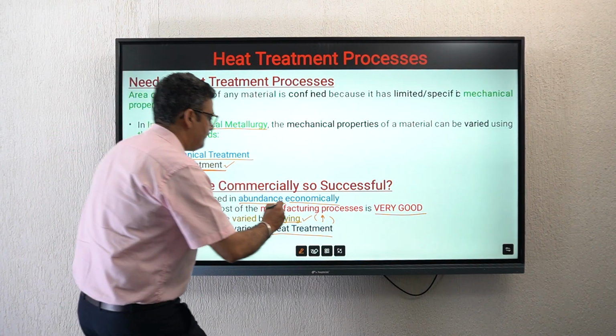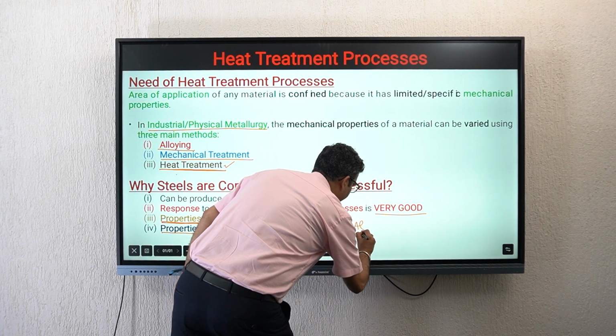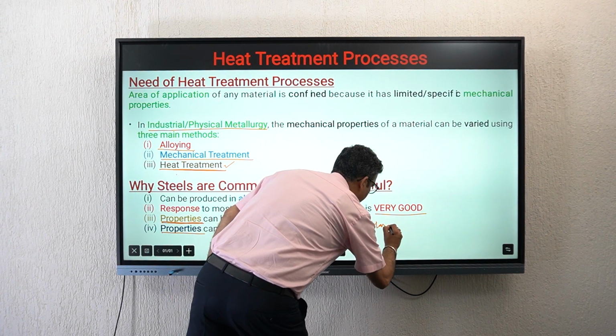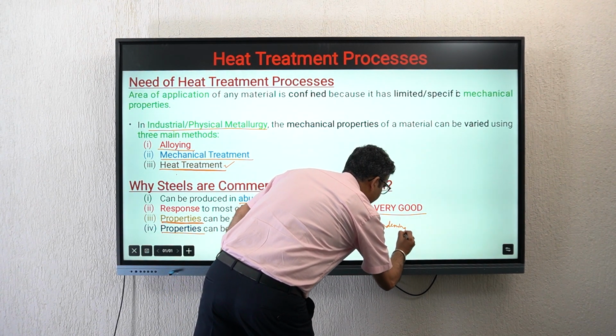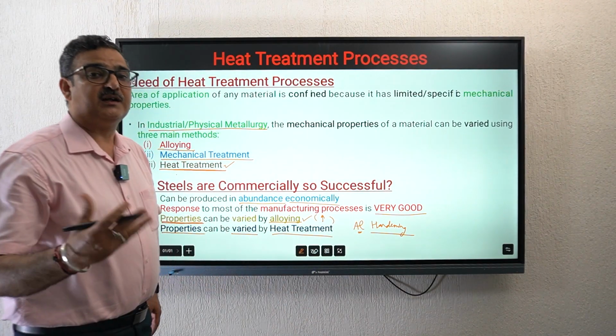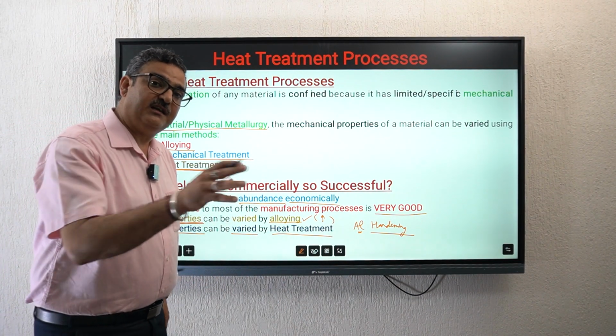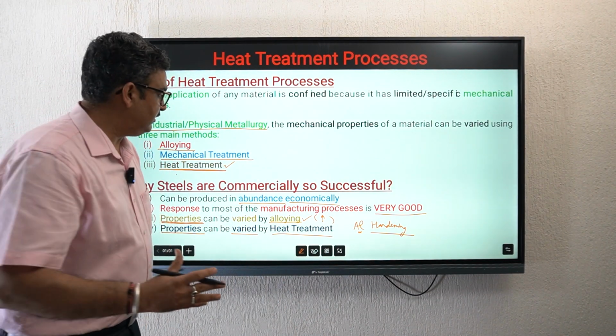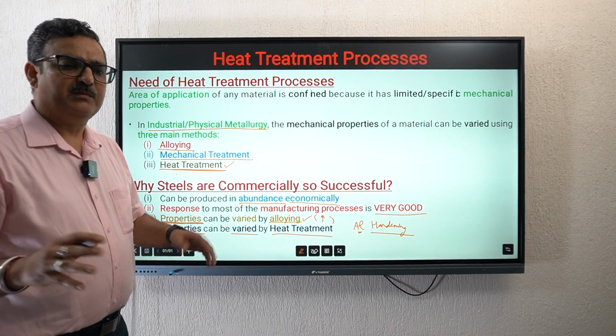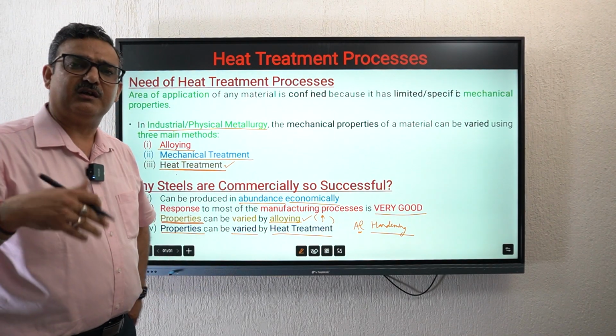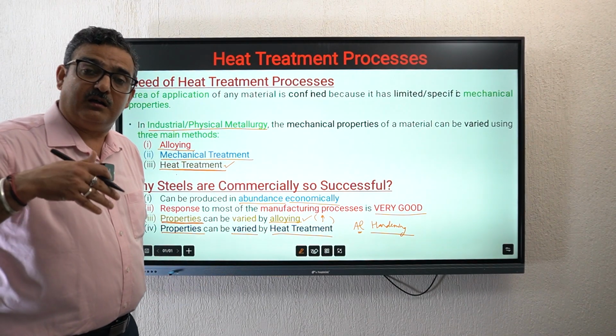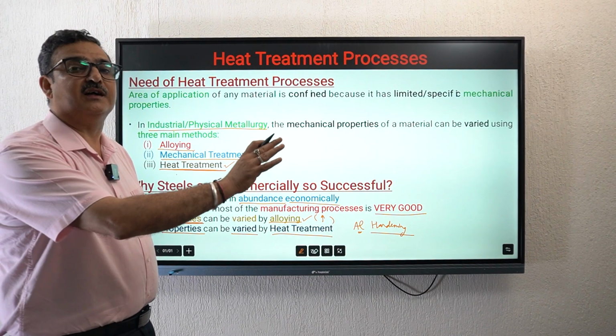Like aluminium. Aluminium responds very well to a heat treatment process called hardening. But to other processes like annealing or normalizing, aluminium would not respond. They would not be able to bring about a change in the aluminium alloys through other treatments.